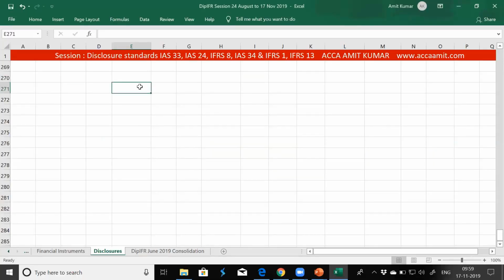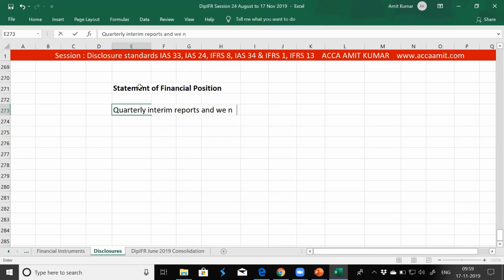Now we need to present the statement of financial position. Suppose we are publishing quarterly interim reports and we need to report for the second quarter. Which is the most recent annual financial statement published?